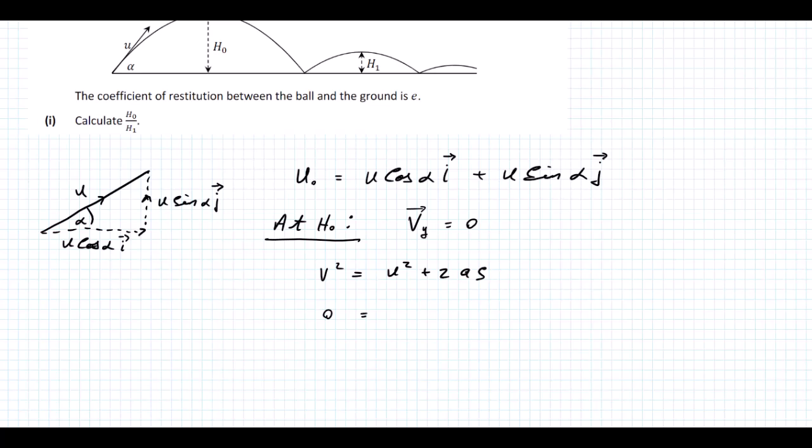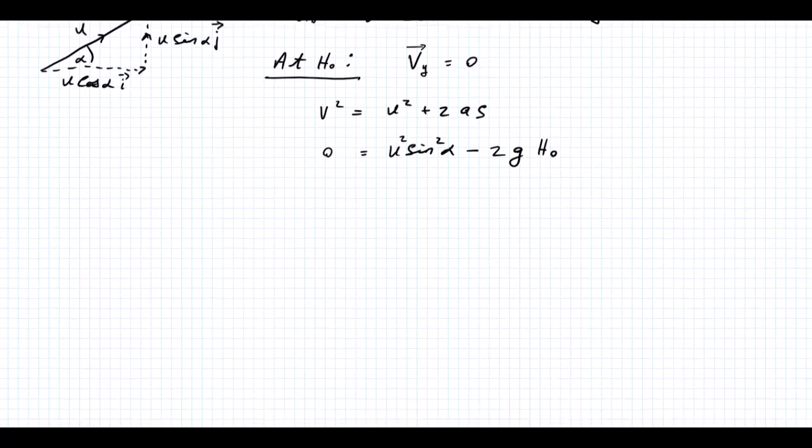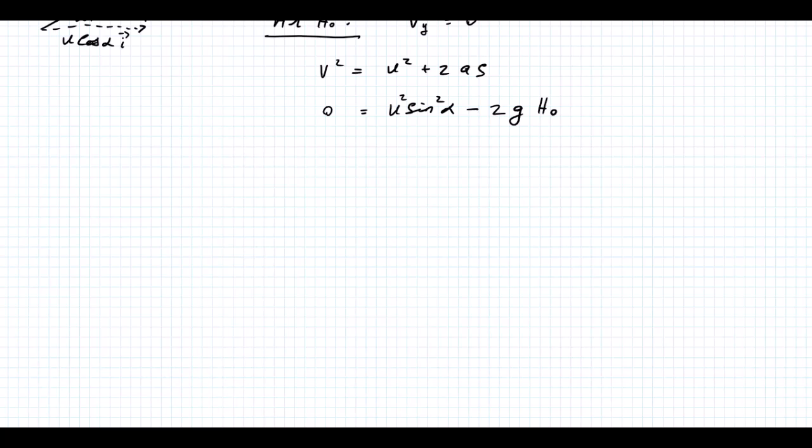Our initial velocity in the y direction is u sine alpha, which we need to square, and then we've got minus 2g times h0. Let's rearrange that until we get h0 on its own. That gives us u squared sine squared alpha divided by 2g.